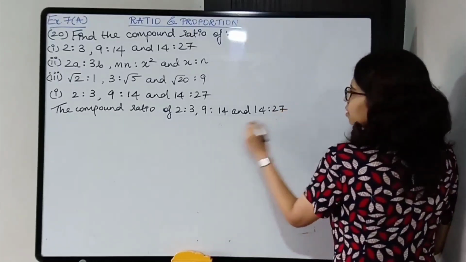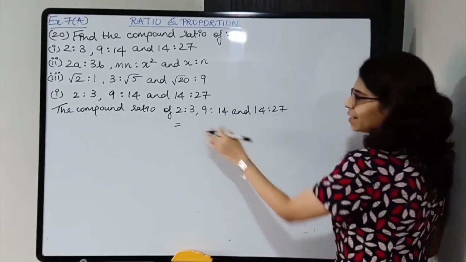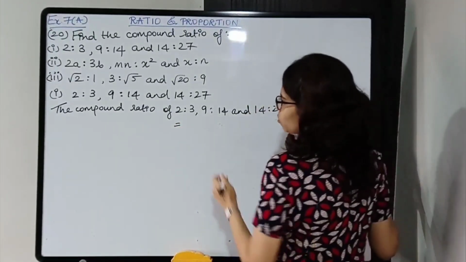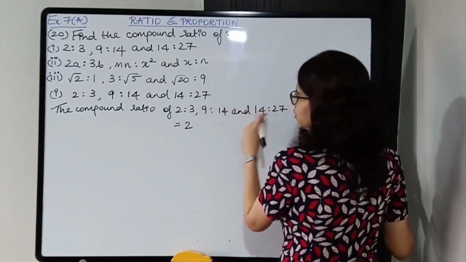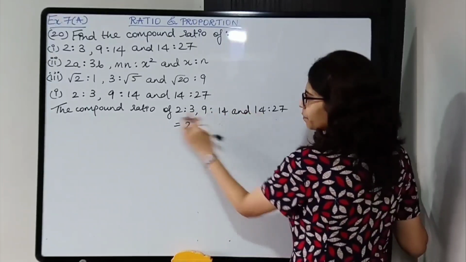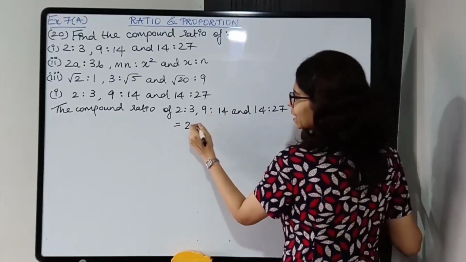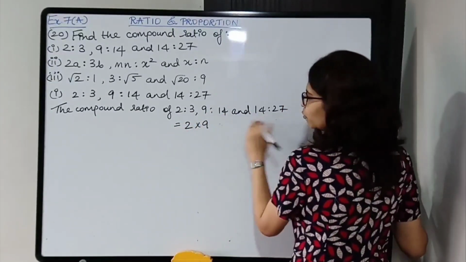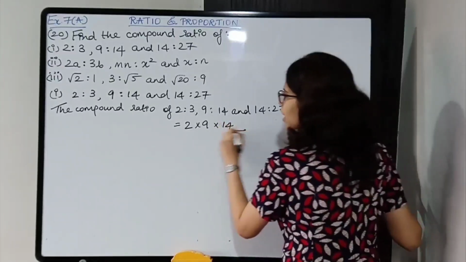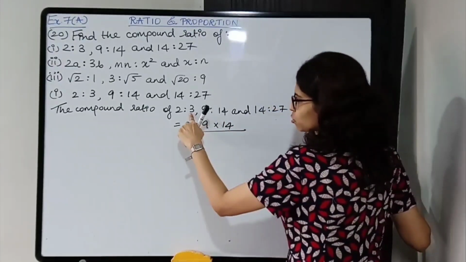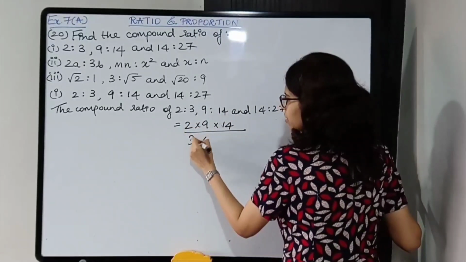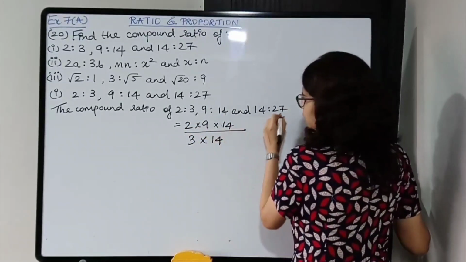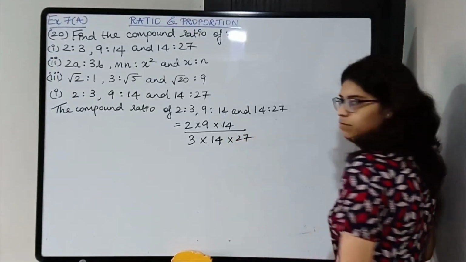14:27 is equal to, I'm writing it on the other line since I don't have space over here. It will be 2, all the numerators first, so all the first one, okay, 2, here 9 is the first and here 14, and then all the denominators, so second one of each one. So 3 into 14 into 27.